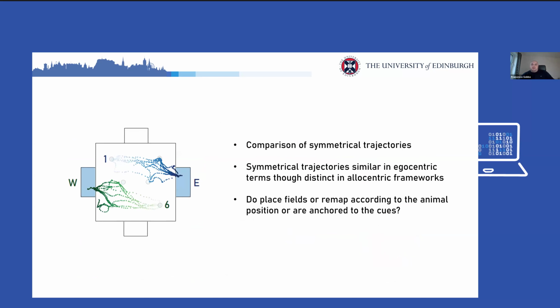We also tried to compare the representation of symmetrical trajectories, and this is really where it went completely off track compared to what we were expecting.